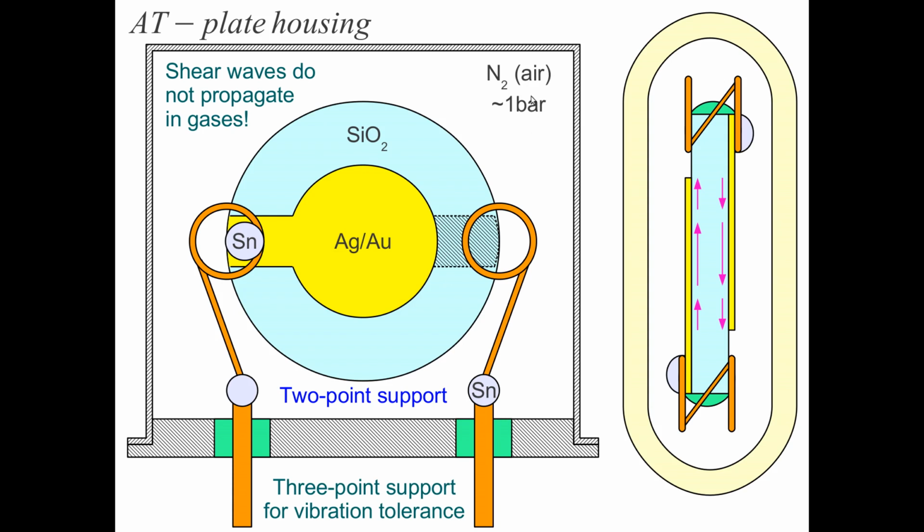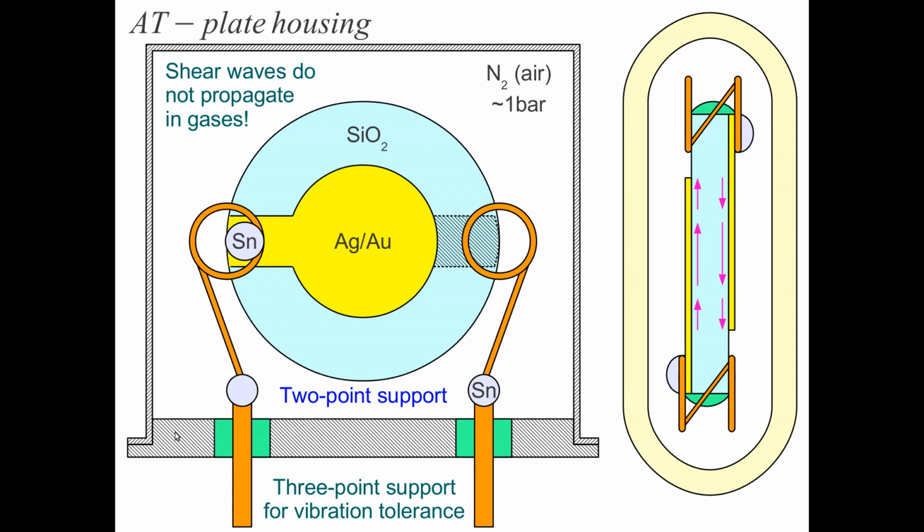So this nitrogen is actually not killing the Q of our resonator. If we had pressure waves here, pressure waves could propagate in air, while shear waves do not propagate in air. So this is the trick about crystal holders here.